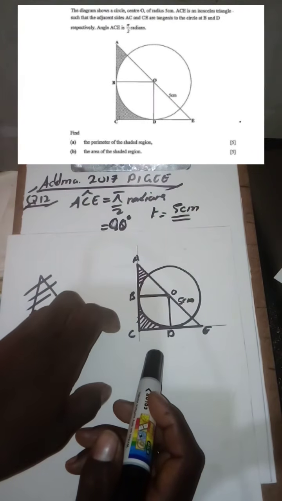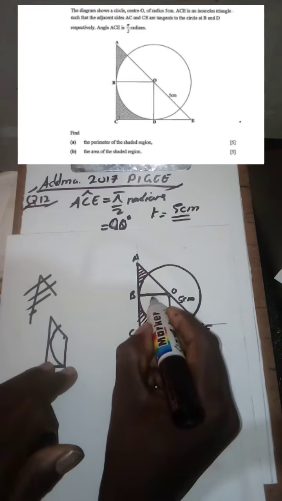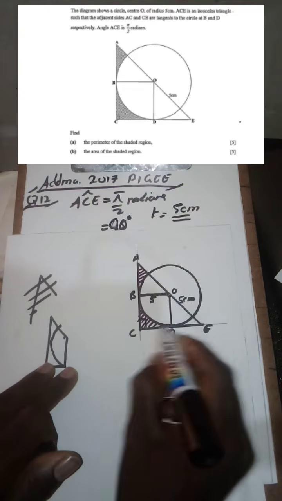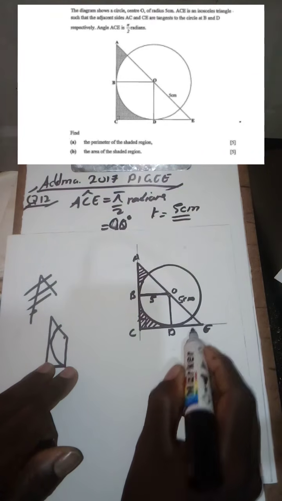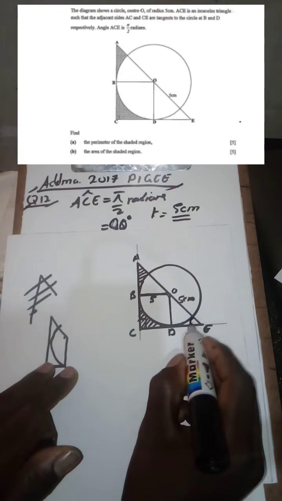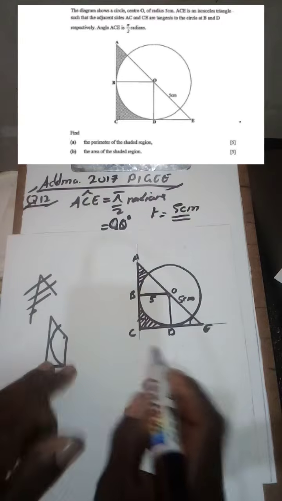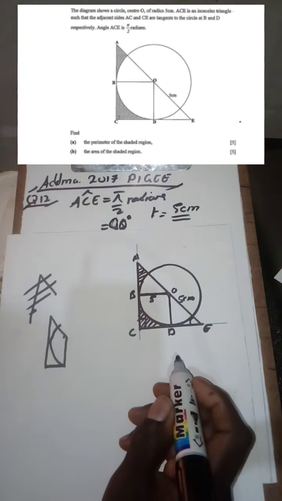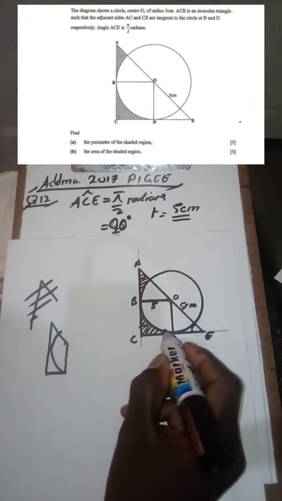So how do we go about finding such? Here we have 5, and if we have 90 degrees here, meaning here we have 45. At this angle we have 45, and at this angle we also have 45, because this is an isosceles triangle, and the angle we have here is 90 degrees.